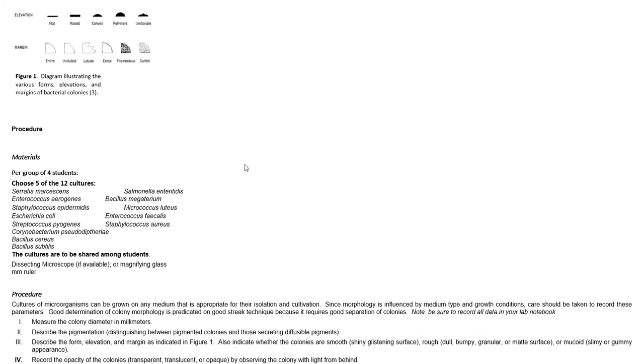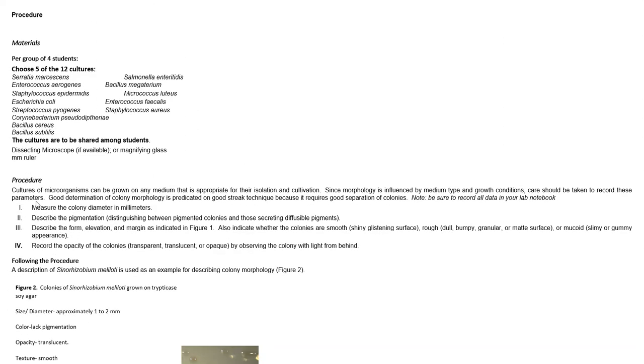Does it look dull? Is it shiny? Does it look mucoid, like it's wet? We would also be concerned with whether you can see completely through it. Is it totally transparent? Is it partially translucent, so you can barely see through it? Or is it totally opaque? Those are the kinds of things that we'll use to describe colonies.